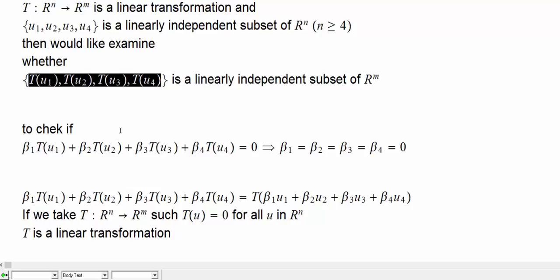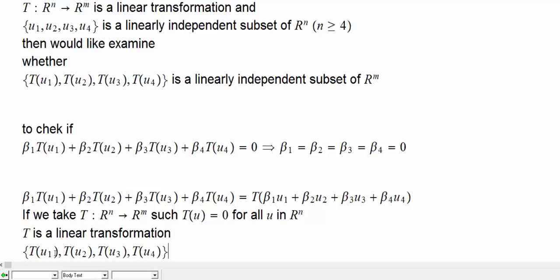This set simply equals a single set containing only the 0 vector, and a set containing the 0 vector is a linearly dependent set, right?